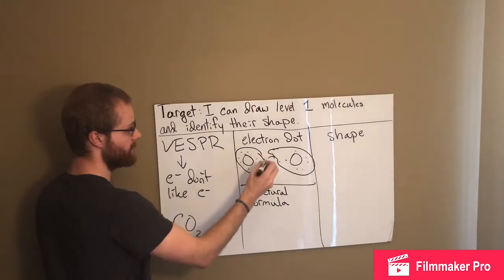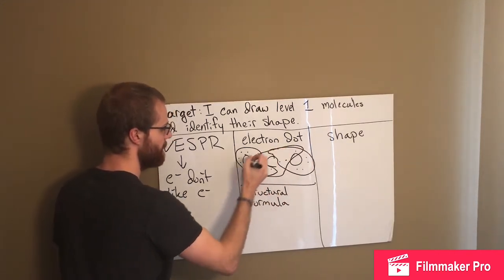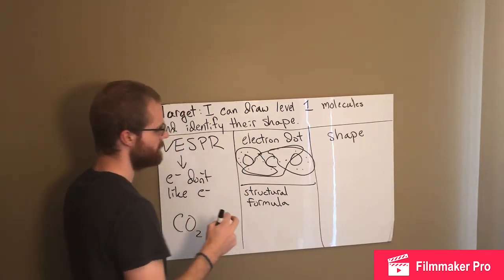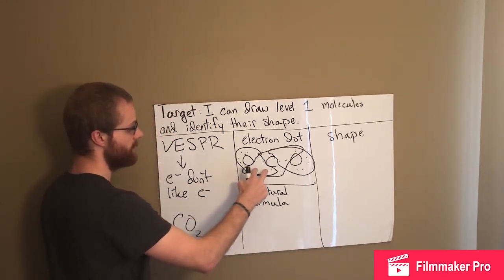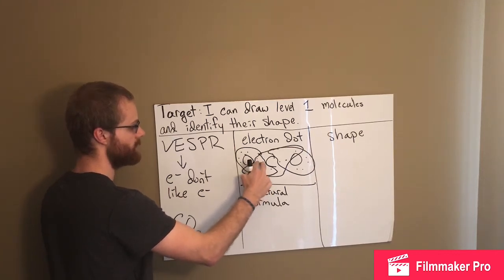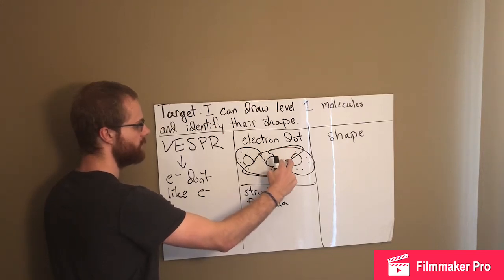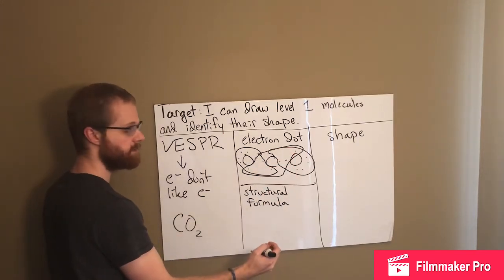And since carbon has 4, it's going to share some of the oxygen's electrons. And when that happens, we can see that we're creating 2 double bonds because we're sharing 2 pairs of electrons. So there's a double bond right here where we're sharing these 2 valence electrons. And there's a double bond right here where we're sharing these 2 valence electrons.